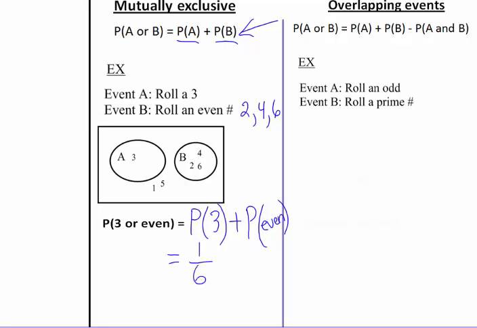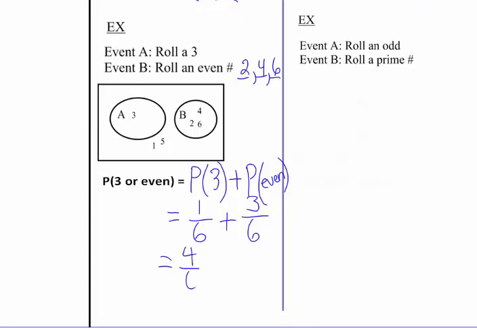There's only one. So the probability of getting a 3 is 1/6. Plus probability of an even number. How many sides are on the number cube? There are 6. How many of those sides have an even number? 1, 2, 3. There are 3 even numbers on a number cube. So that's 3 out of 6. So you add those together. You get 4/6. Make sure you simplify your fraction: 2/3. So the probability of a 3 or an even number is 2/3.